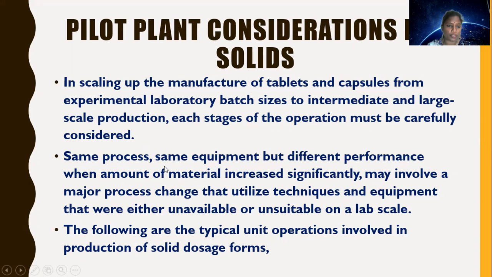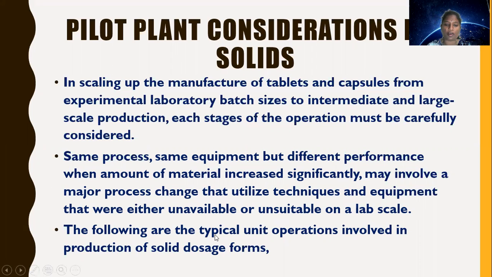The same process, same equipment, but a different performance when the amount of material is increased. When we increase the amount of raw material, with the same process and same equipment, it will give different outputs. The major changes utilize techniques and equipment that are either unavailable or unsuitable on the lab scale.